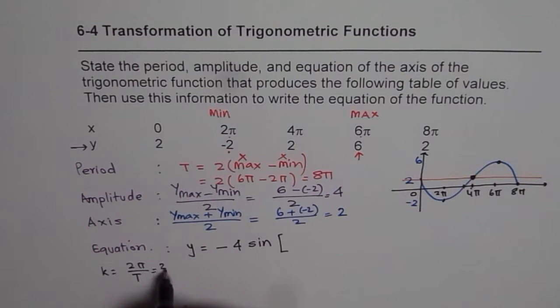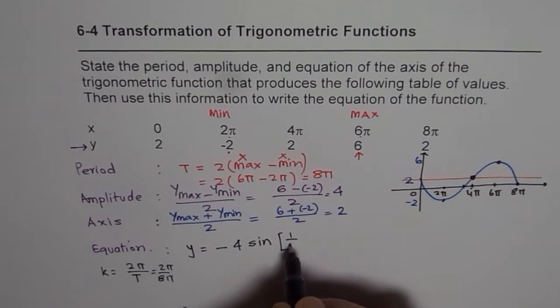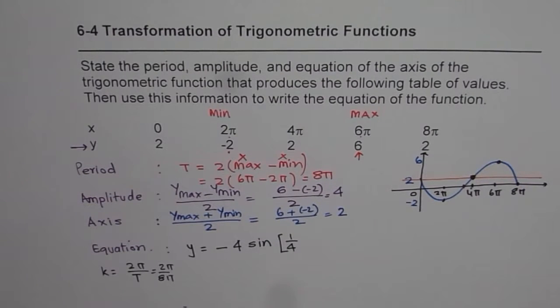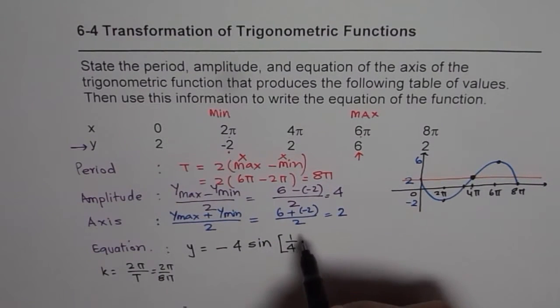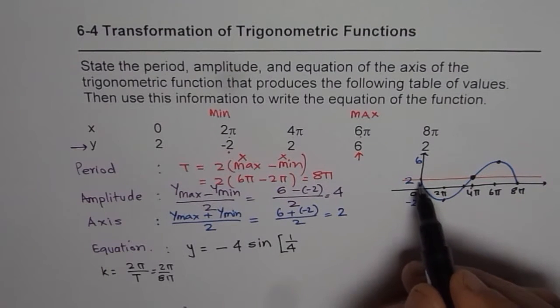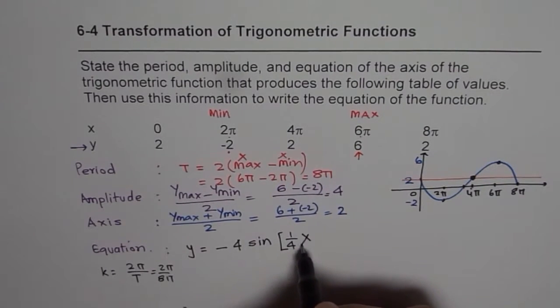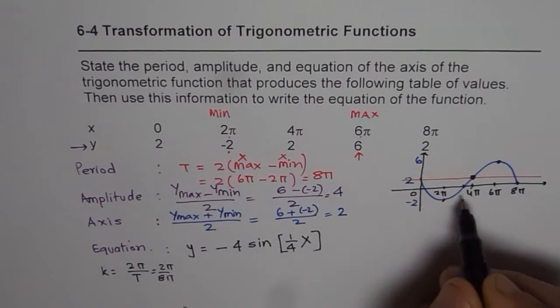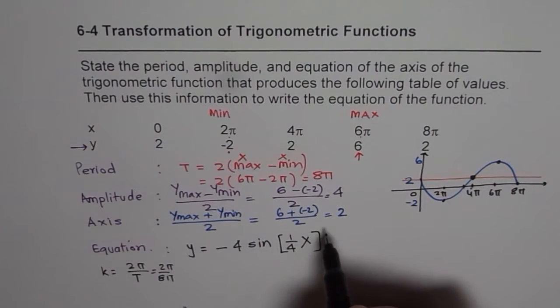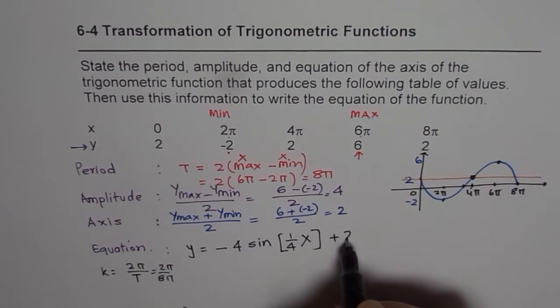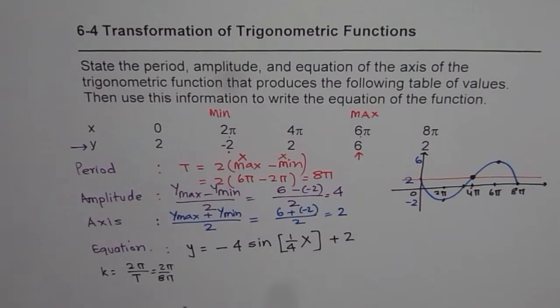So k is 2 pi by 8 pi, which is 1 over 4. So we write 1 over 4 as the k value here. Since we inverted, there is no phase shift for us. Otherwise, we would have to incorporate a phase shift. Plus the axis, which is at 2, plus 2. So that is how our sine function is.